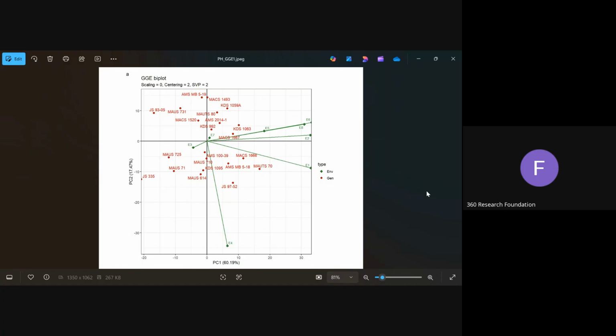Here you can see genotype performance as well as the interaction. Both are visible.